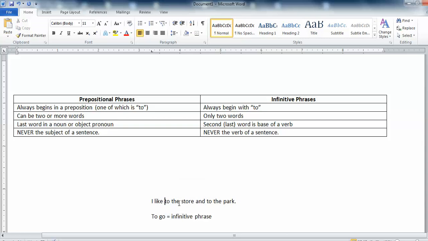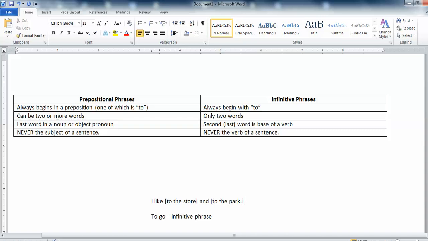And I didn't see any other infinitives. I did see 2 other twos here, but they weren't 2-word phrases that ended in the base of a verb. Instead, what I have are two prepositional phrases, a compound prepositional phrase. And if you don't know what a compound is, go and listen to the webinar on, I think it's adjectives and adverbs.